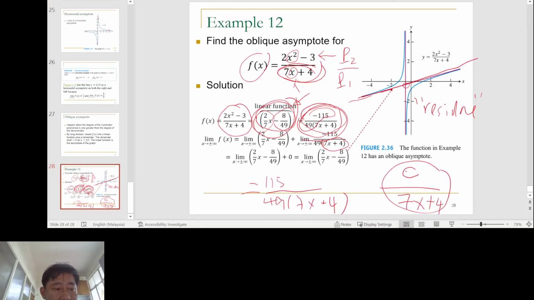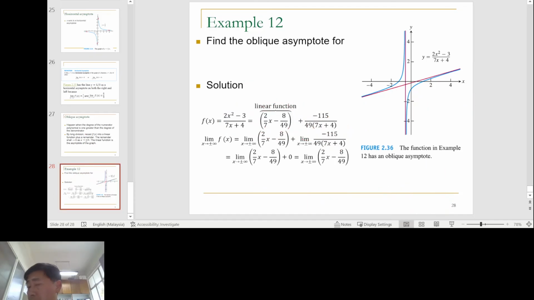If you represent this in these slides, you will see this is the oblique asymptote that the function tends towards when x is going to minus infinity, whereas when x goes to positive infinity, the function tends towards the oblique asymptote in this manner.